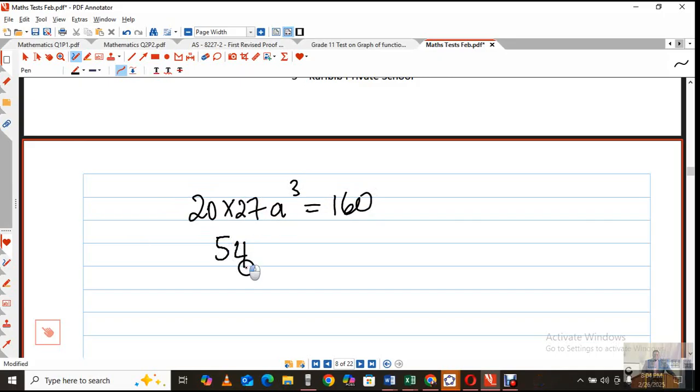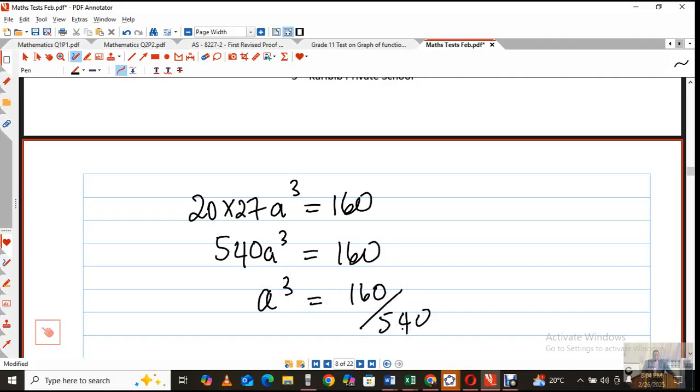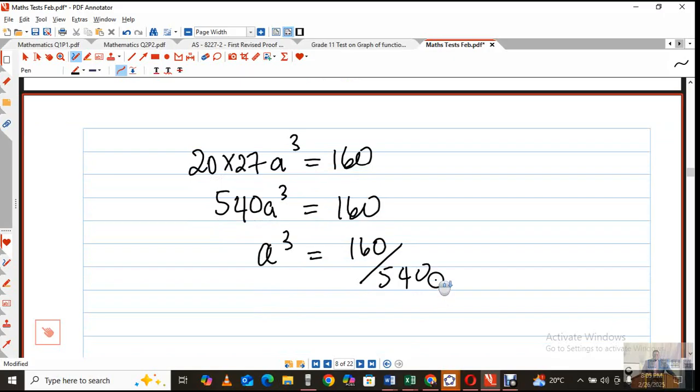This is 540. A cubed is equal to 160 divided by 540. Now, if you were to simplify that, 16 over 54, this is going to be a cubed is equal to 8 over 27.